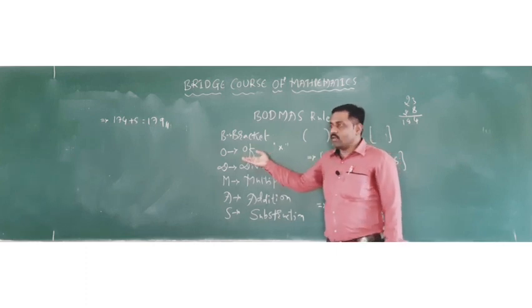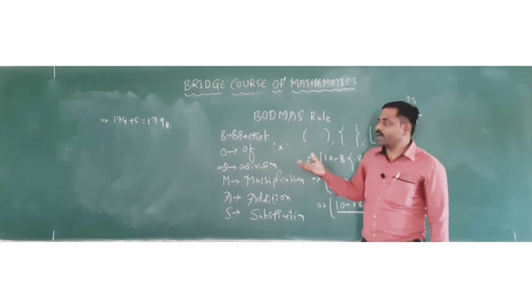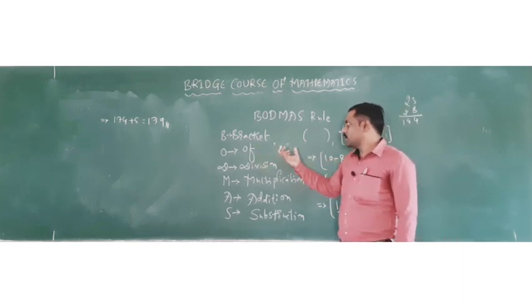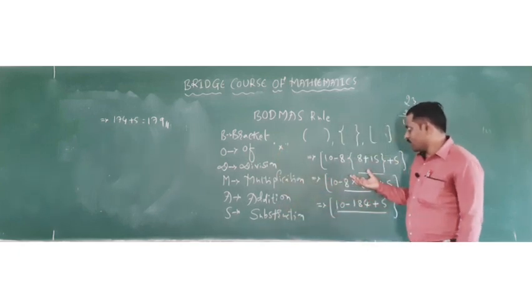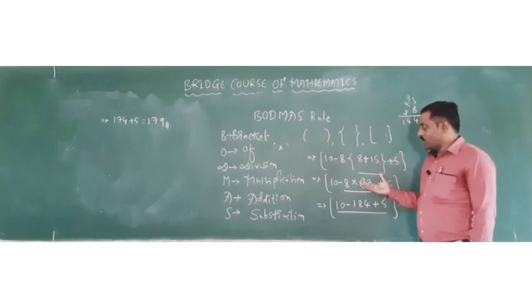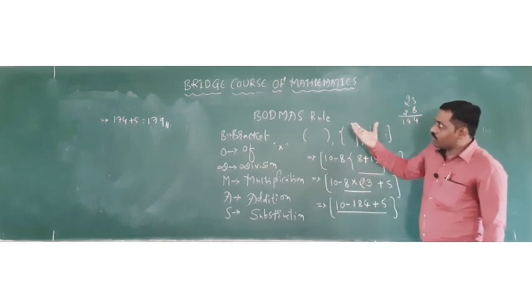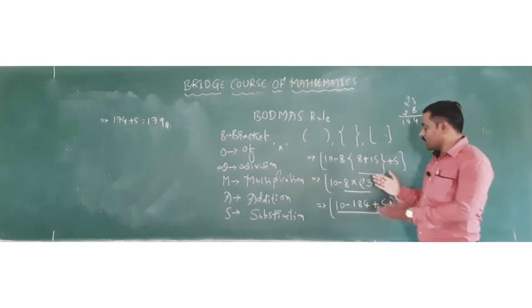So "of" is nothing but one type of operation which works as multiplication, and that is the nature of "of". Within the bracket, what types of operations are there? In a bracket, the BODMAS rule is applied within the bracket.